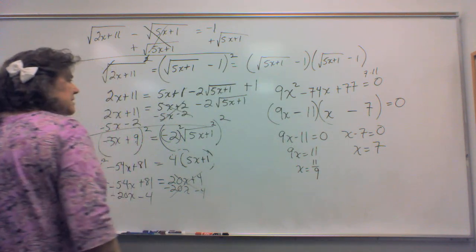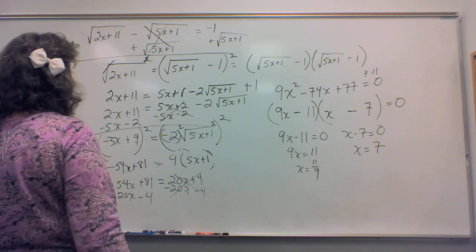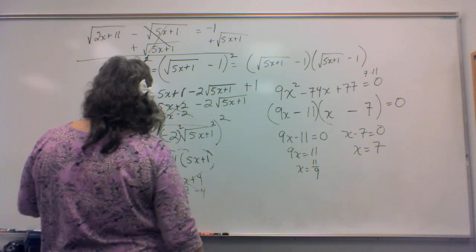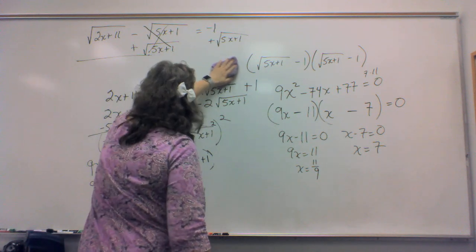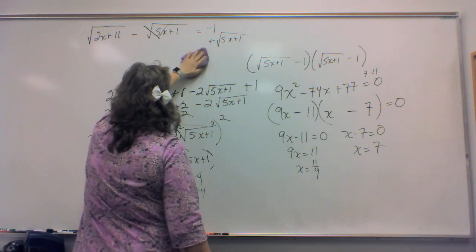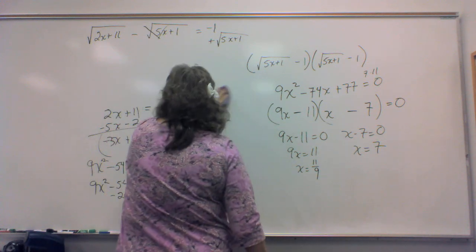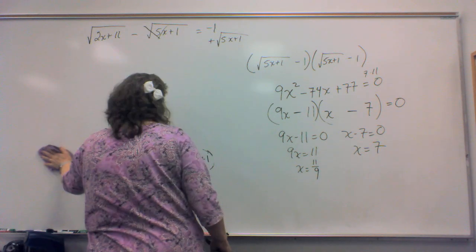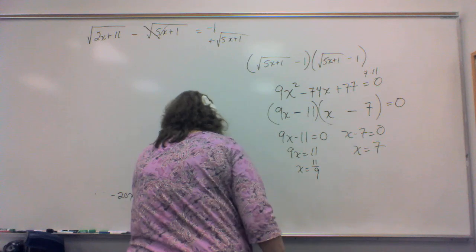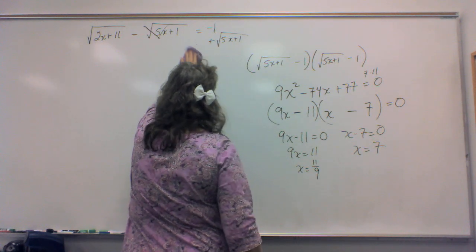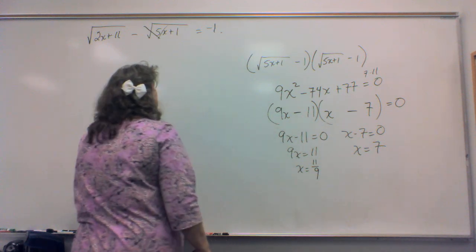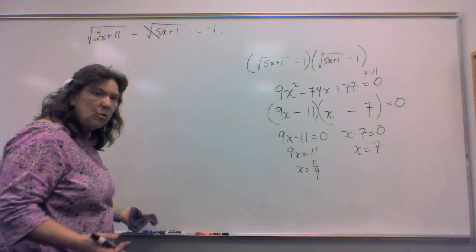Okay, what happens now? Now we need to check for validity. All right, so I'm going to have to erase some to gain some room to do my checking for validity. Again, you have to check for validity because of the fact that it has been squared.